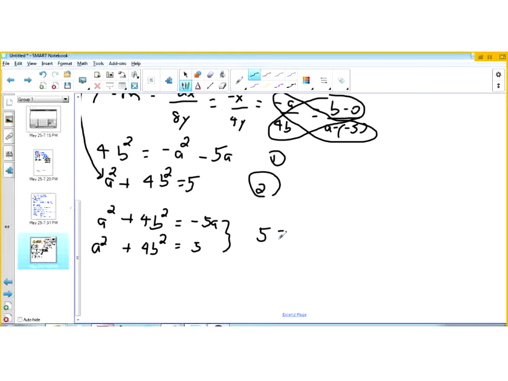Okay? And so that means that 5 is equal to minus 5a. And so that means that a has to be negative 1. And b has to be what?